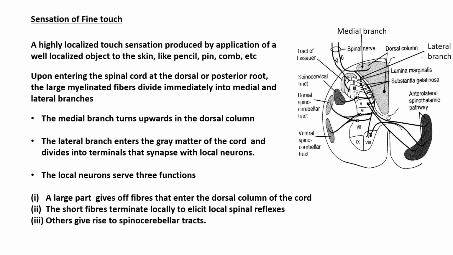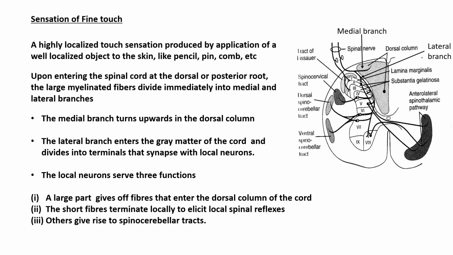You have the medial branch and you have the lateral branch. The medial branch immediately joins the dorsal column and it's carried upwards, whereas the lateral branch actually divides into many small branches, and they terminate and synapse with the local neurons in the spinal cord.